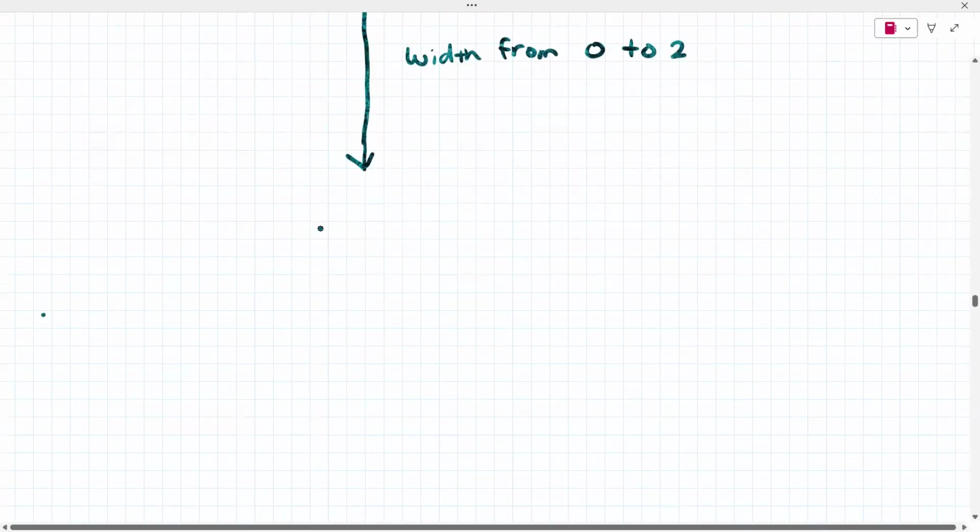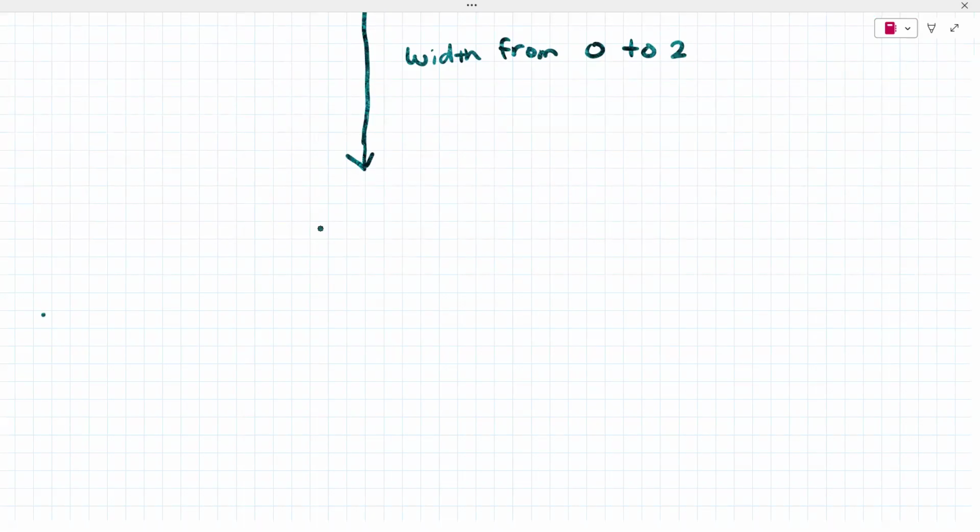So if we decide to do a square, it would be from 0 to 2, and then it's going to be top minus bottom. So wait, let me write this out.